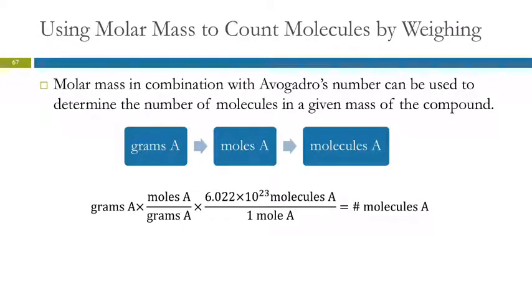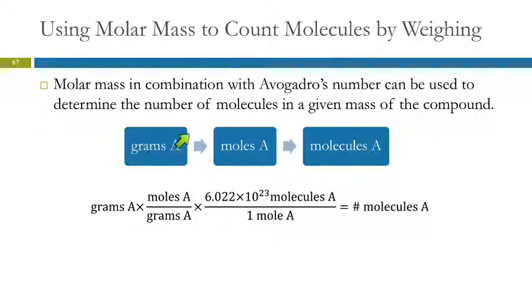So we use the molar mass when we need to count molecules or formula units by weighing them. Just like we learned how to count atoms by weighing them using their atomic masses or the mass of a mole of them, we can do the same thing with molecules.